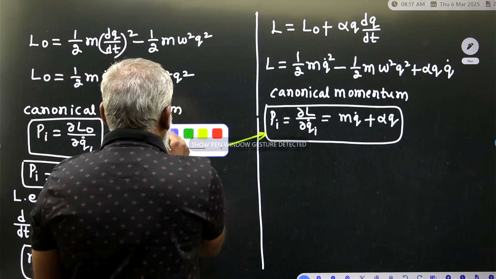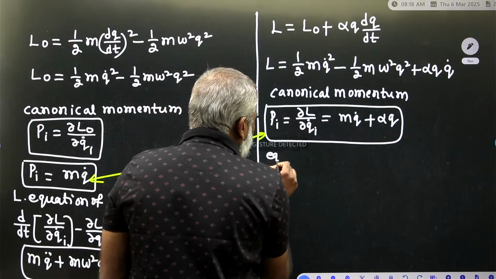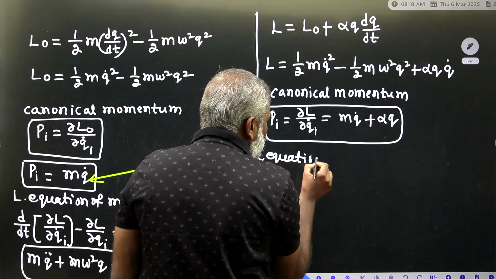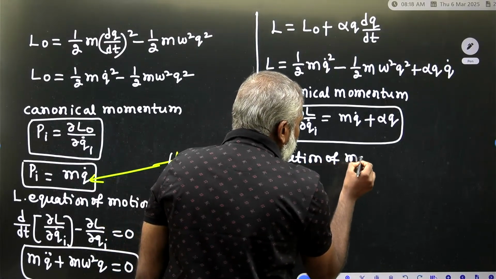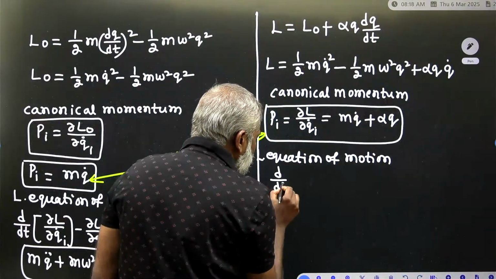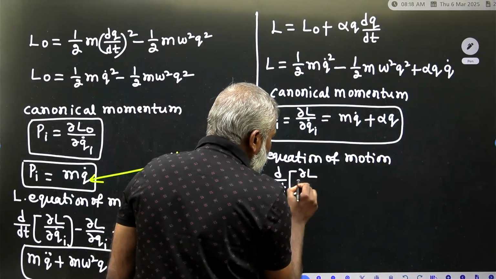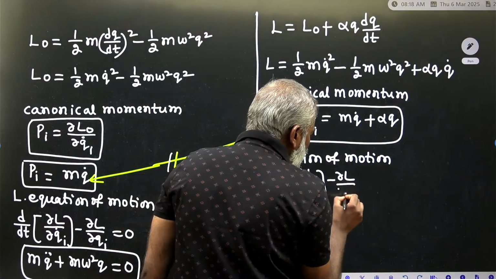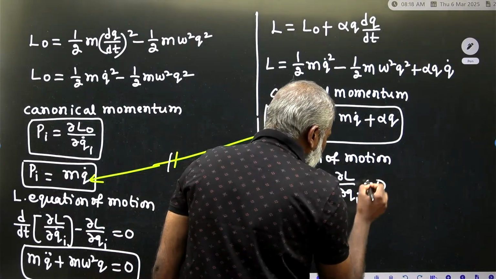Now let us take the equation of motion. How do you find the Lagrangian equation of motion? d/dt of ∂L/∂q_i dot minus ∂L/∂q_i is equal to 0.